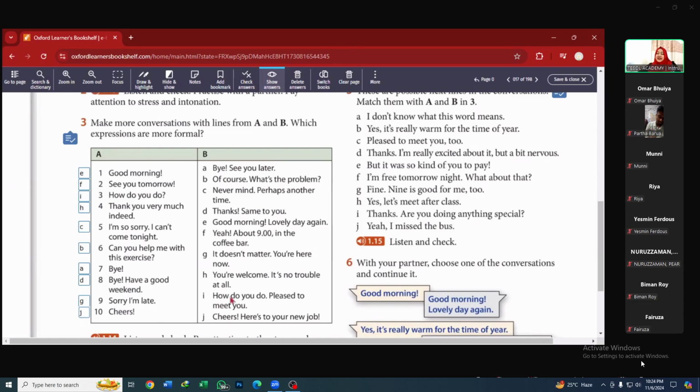Okay, so this was the conversation that we made by matching the appropriate dialogues or sentences that are suitable after one person says something to you. Or we can say it in another way, that is after one person is telling you something, that could be a greeting, a thankful dialogue, or asking about your well-being.